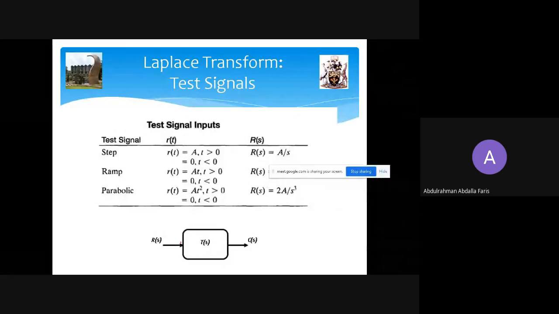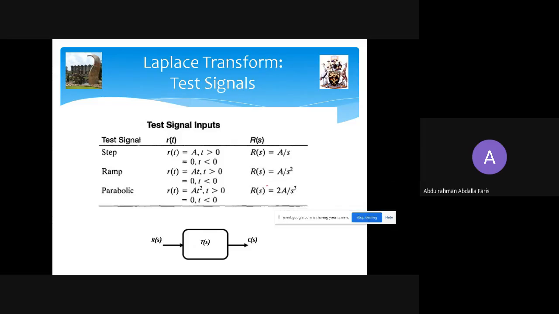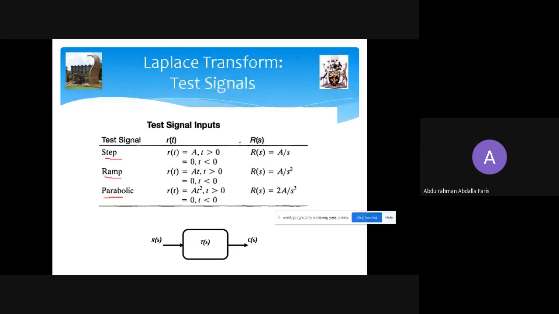Remember, the way we model our system is in terms of a transfer function, and it is in the S domain. So for the step input and the ramp, we need to get R(S) from R(t). R(t) is in the time domain, and we need to get R(S), which is in the S domain.